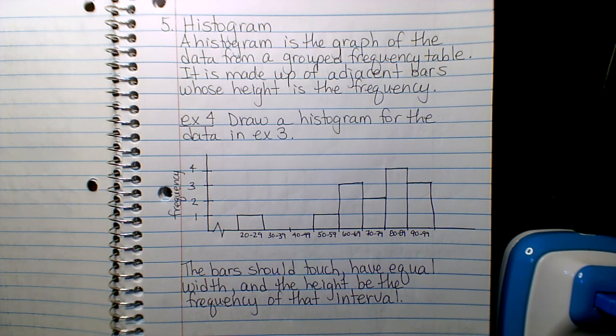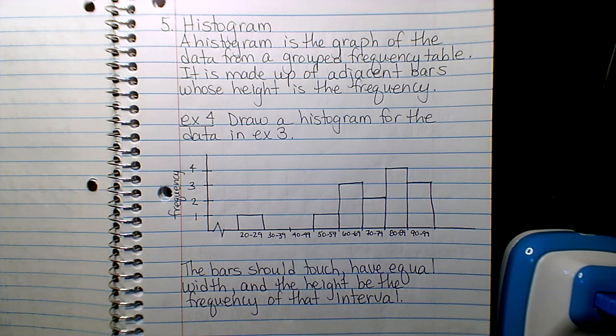This is often mistaken for a bar graph, but it is not, because bar graphs have spaces between the bars and are often used for categorical data. That's data that fits into categories, not intervals or numerical data. A histogram is made up of adjacent bars, so they do touch each other. They do not overlap, but they do touch.